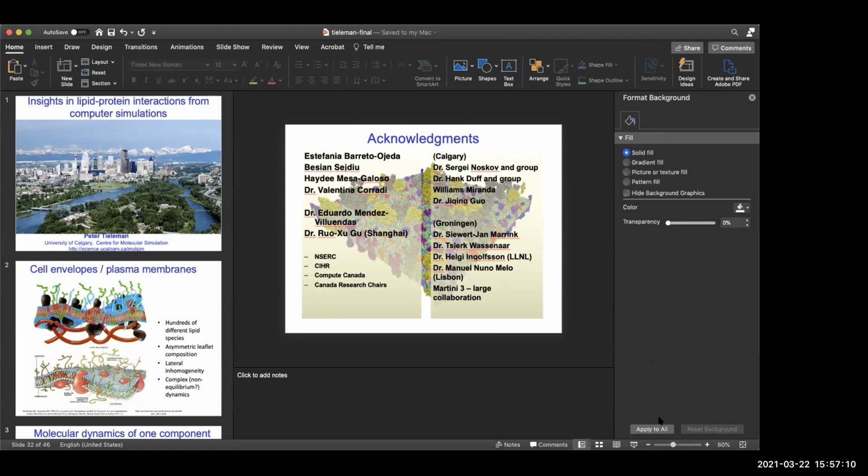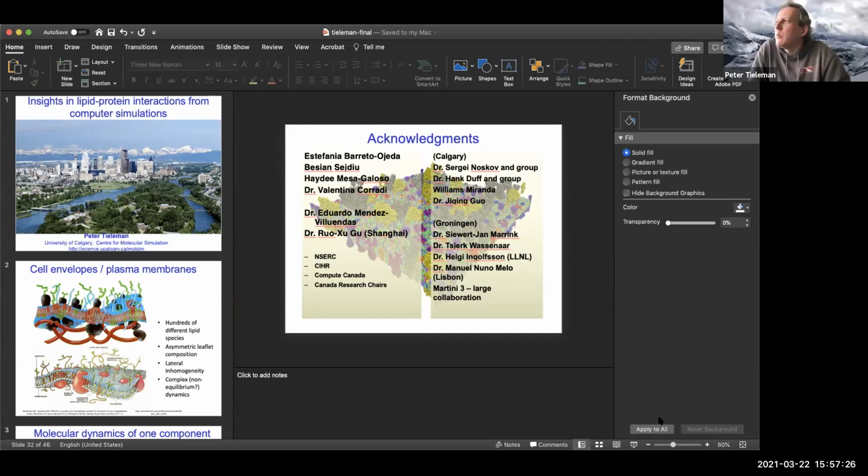And so it may complicate a bit the way other groups, more than Siewert or you and the well-known guys that are using Martini, can use this type of force field. So yes, that's an interesting point.